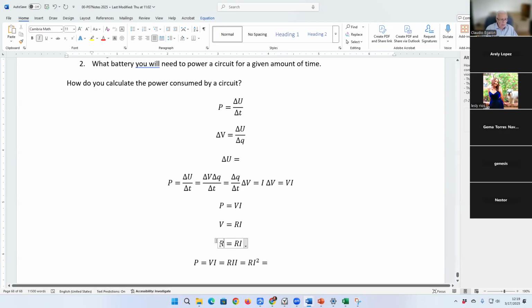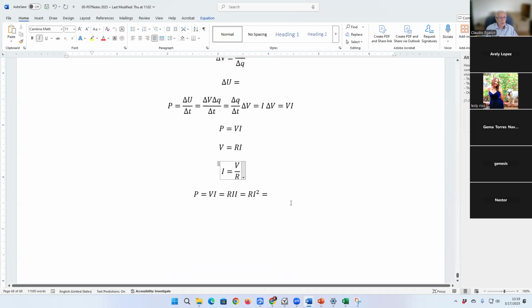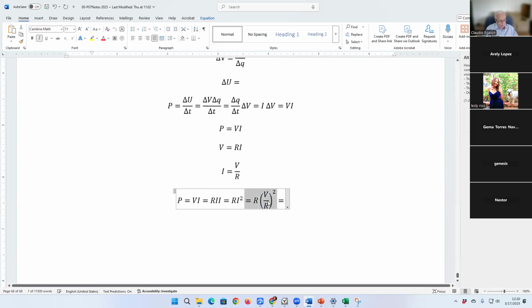No, it's the other: I equal to V over R. That's the one we have to use. It becomes V over R squared, V squared over R.